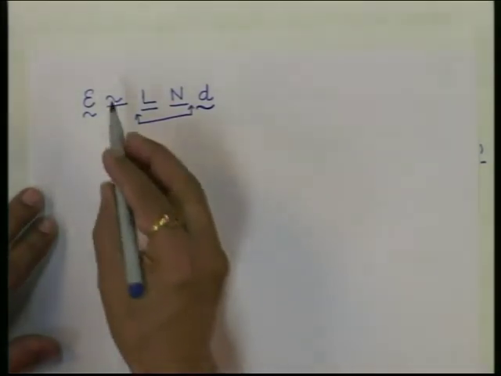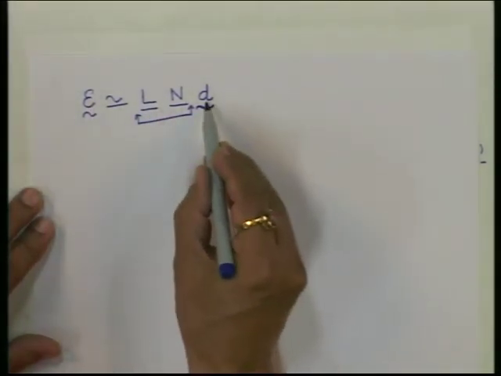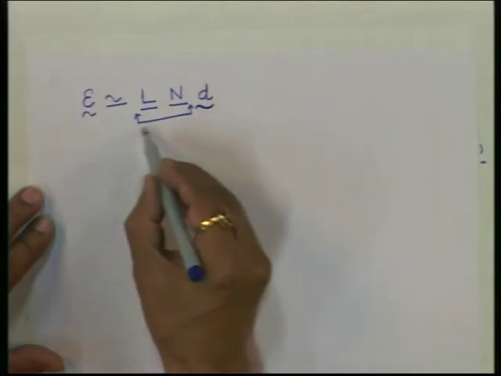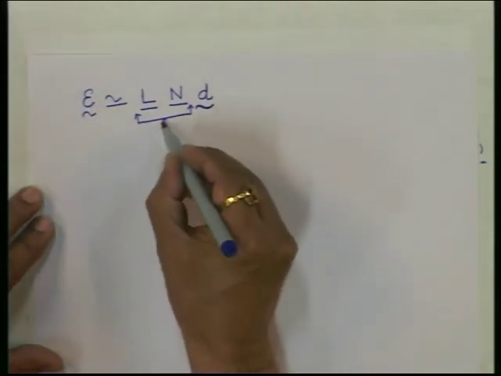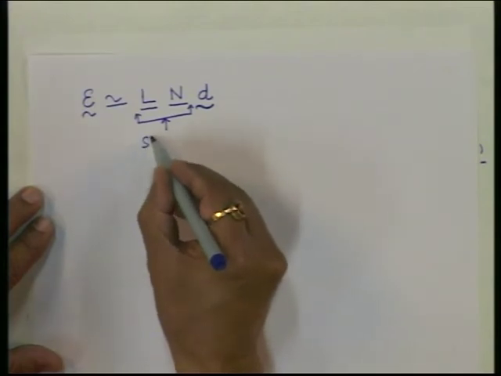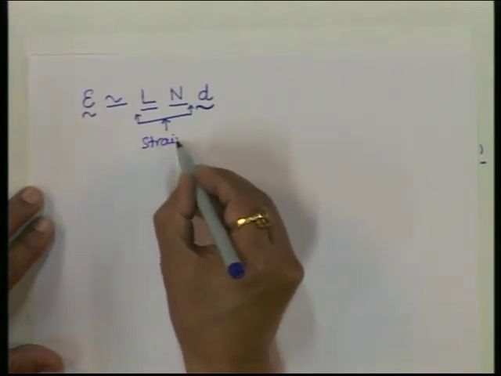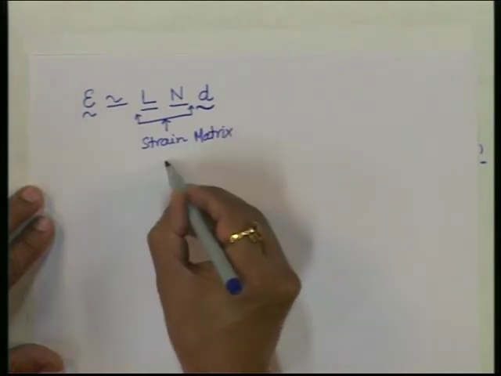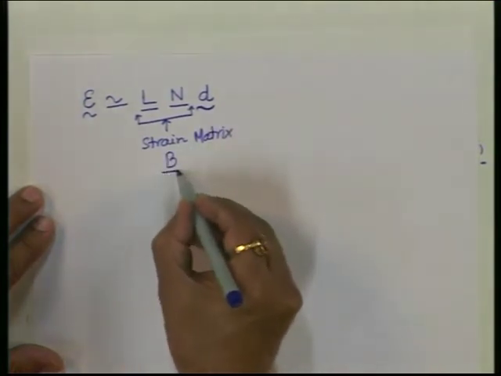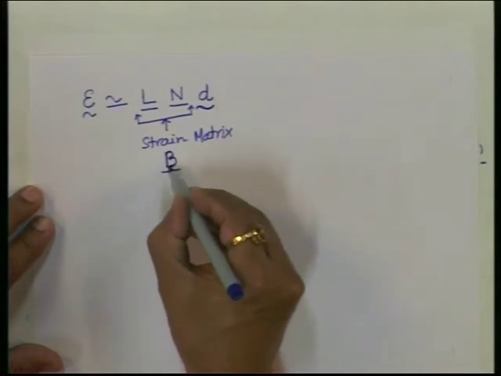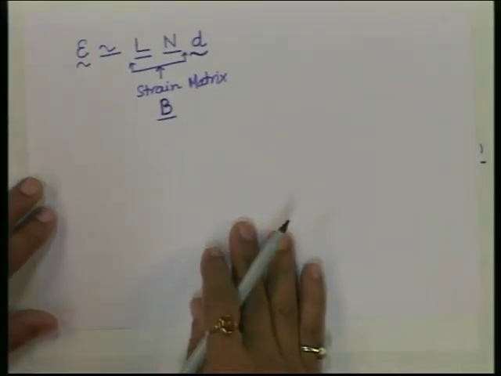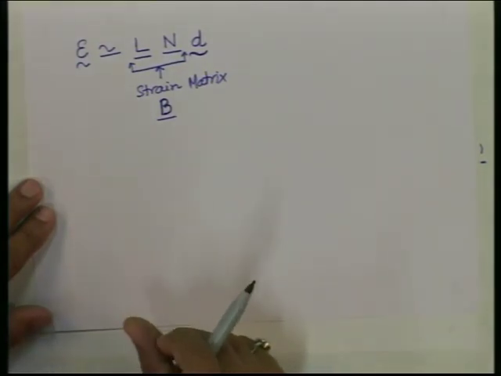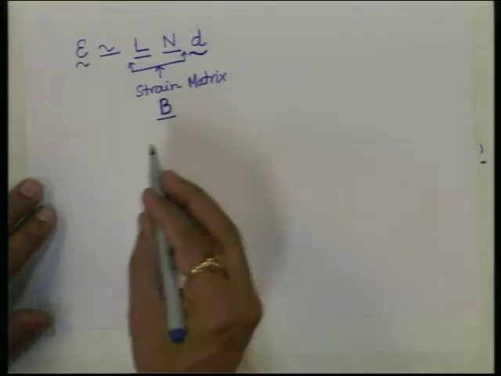The matrix that converts the nodal displacement to strain at any point is called the strain matrix, and we denote it by the symbol B. Did I tell B in the case of one dimensional? So this is a strain matrix.